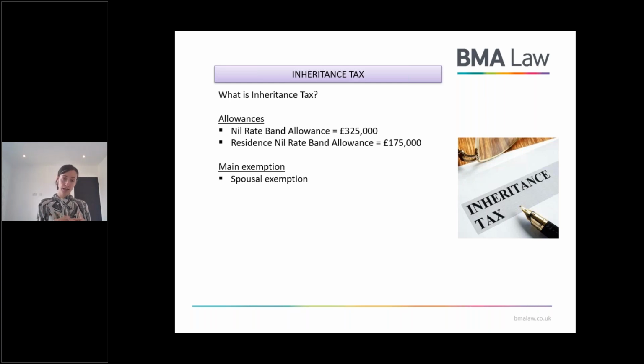So for clients, fortunately, in those types of circumstances, they would have no inheritance tax to pay on their estate up to £1 million generally, and then anything above that would be taxable at 40%.